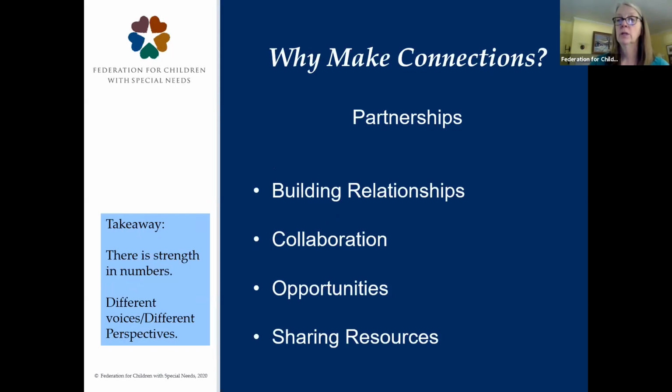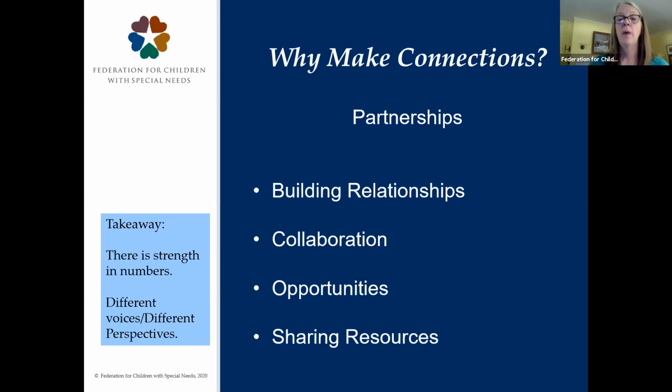So if you're building relationships and you can collaborate with other groups, the PTOs, the PTAs, the music parent groups, all of those are helpful to have the SEPAC expand its reach, expand its role, have different opportunities and resources. You learn when you're at the table with other groups and what their concerns and issues are and how you can better collaborate together.